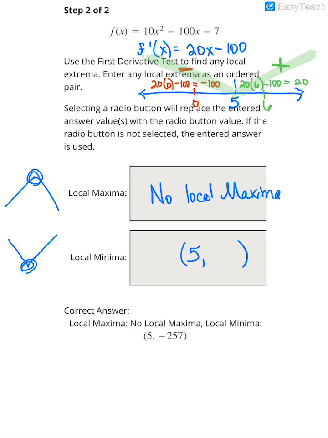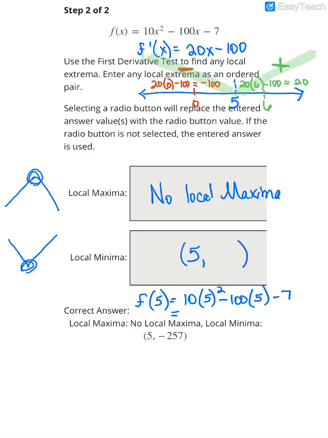So you've got to find the y value that corresponds to that. So if you'll simply plug that x value of 5 back into the original function, so we're looking for f of 5. So the original function says we'll take 10 times our 5 squared minus 100 times the 5 minus 7.